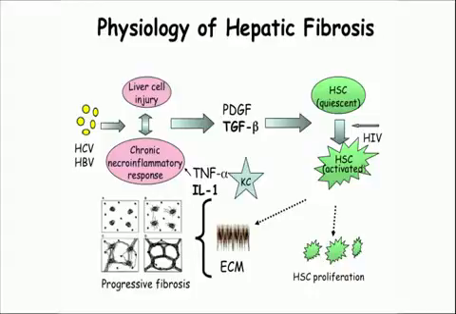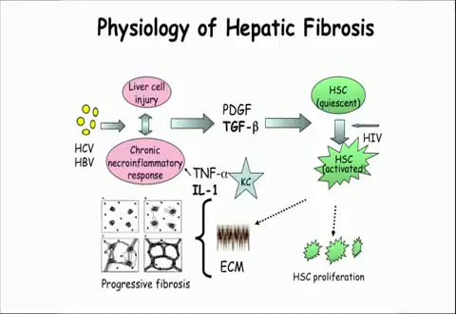So you all know that no matter what causes the liver cell injury or the chronic necroinflammatory response, the end result is that you get these growth factors that are released that activate hepatic stellate cells. And this activation of hepatic stellate cells then leads to laying down of collagen and progressive fibrosis.